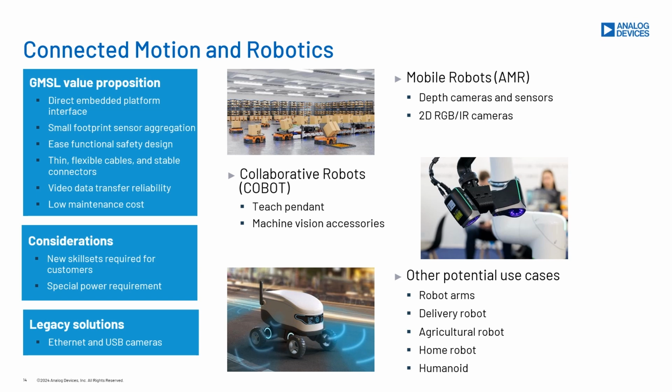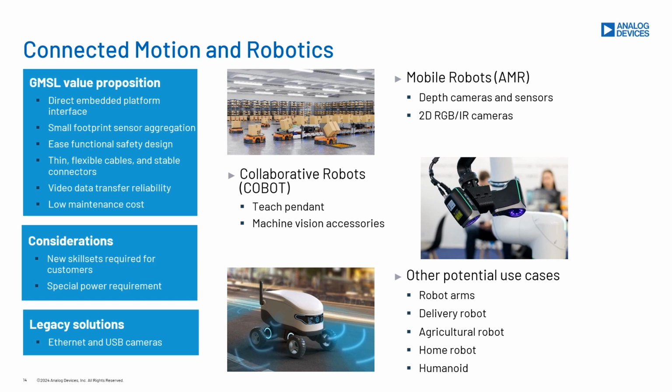For robotics customers, people prefer to use GMSL-enabled cameras because they interface directly to the MIPI receiver on the SoCs and provide an efficient way to aggregate multiple cameras. Since GMSL is a proven technology for automotive customers and products are ASIL-B rated, it's easier to design a functionally safe system with GMSL devices.